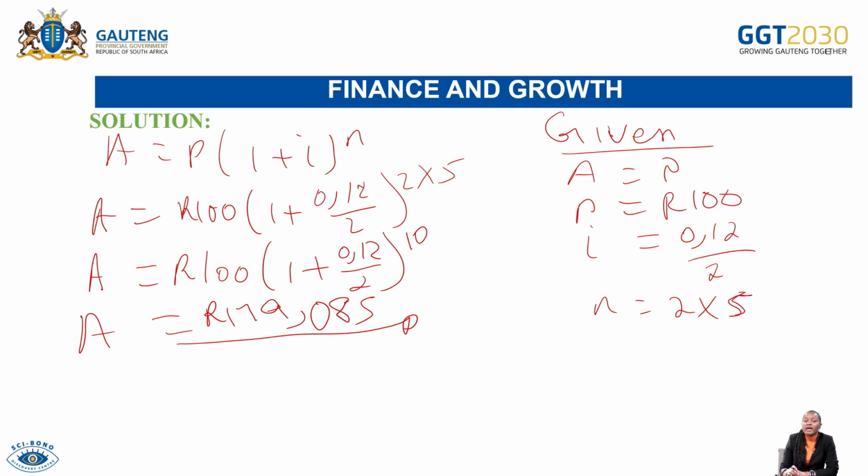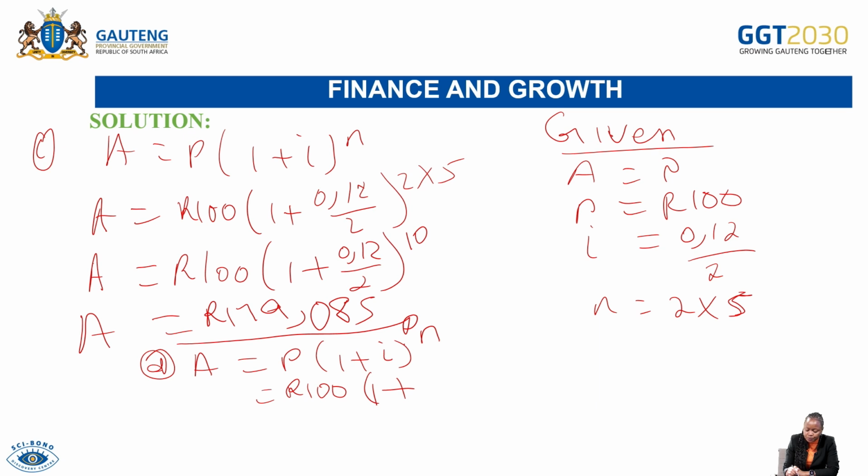Okay, and then the last one is the one of daily. How many days do you have in a year? It's going to be 365. This is C, let's do D. So it is going to be A equals P into 1 plus I to the exponent n. Your principal amount is still the same, 100 rands. It's 1 plus your I, which is still 0.12. Then you divide the interest by 365 days.